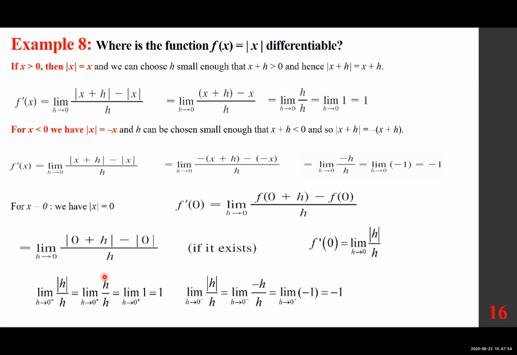This function, f of x equals absolute value of x, is differentiable everywhere except at 0. Why not? Because f prime of 0 from the left and right are two different things. So f prime of 0 does not exist. And that's extremely important for everybody to see.